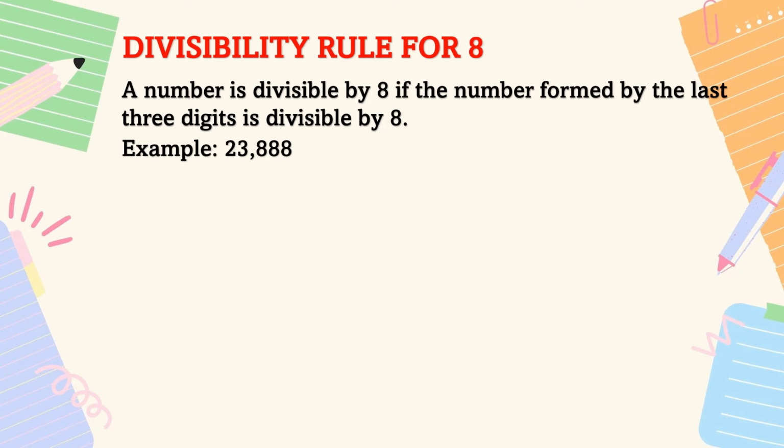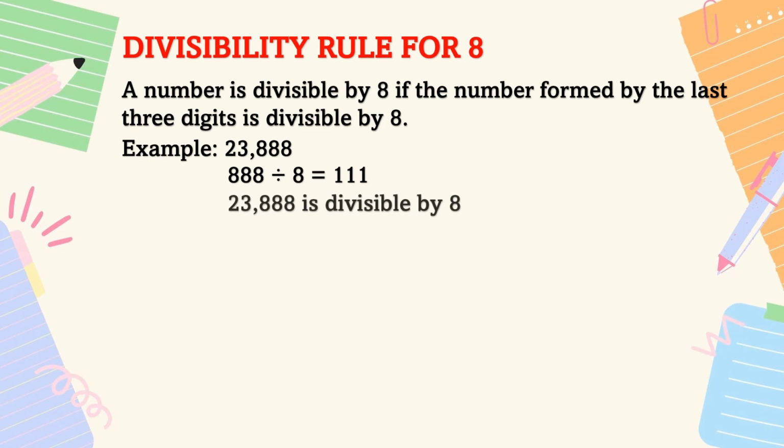The last three digits form 888 and we have to divide it by 8. 888 divided by 8 is equal to 111. Therefore, 23,888 is divisible by 8.